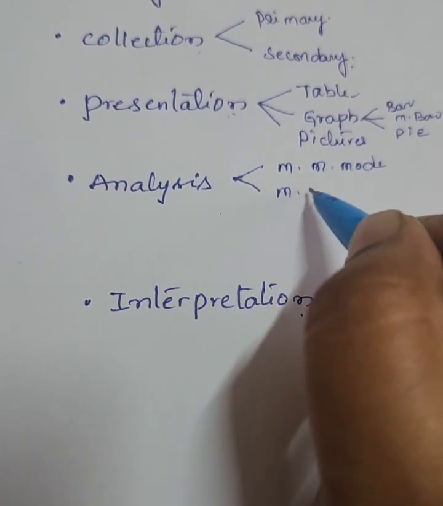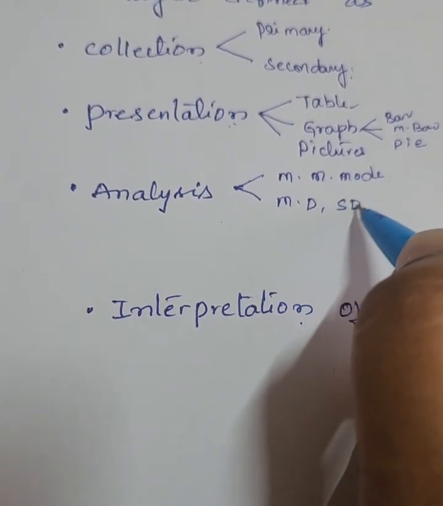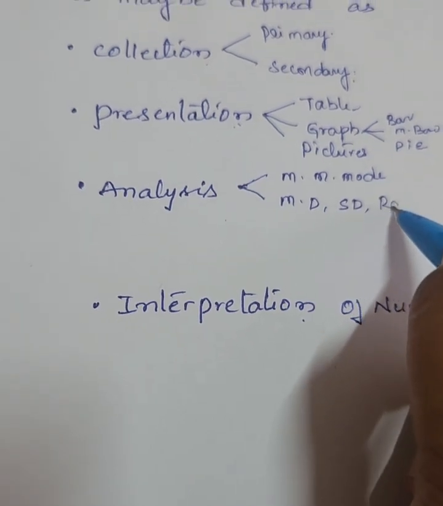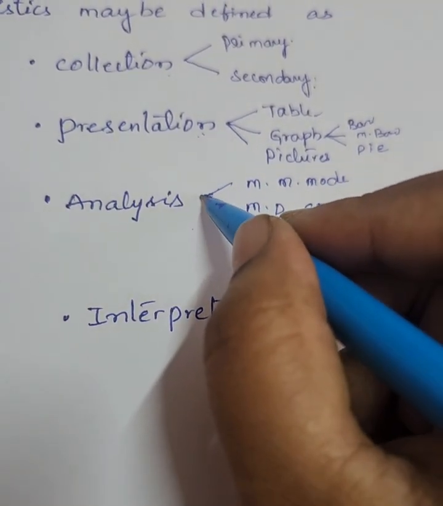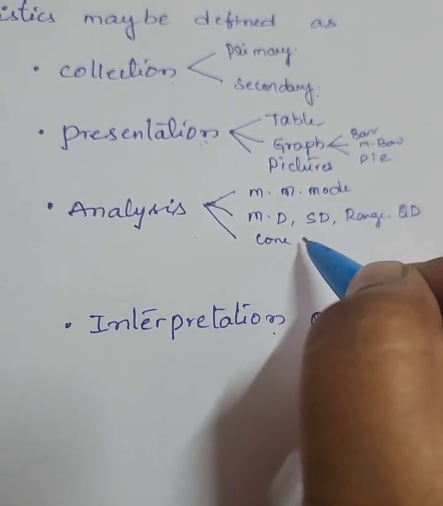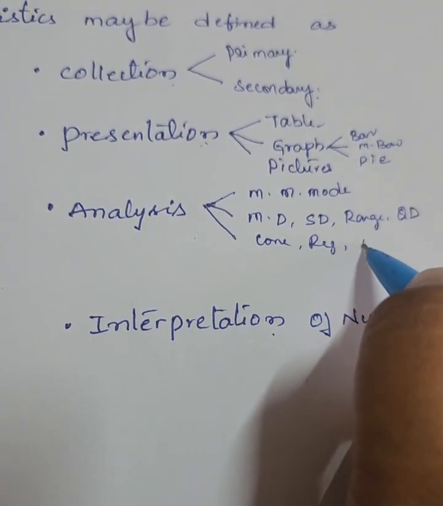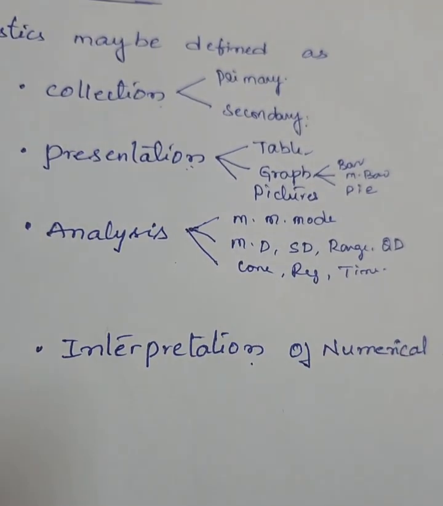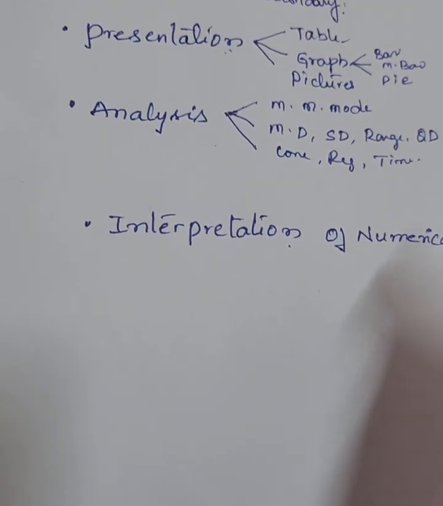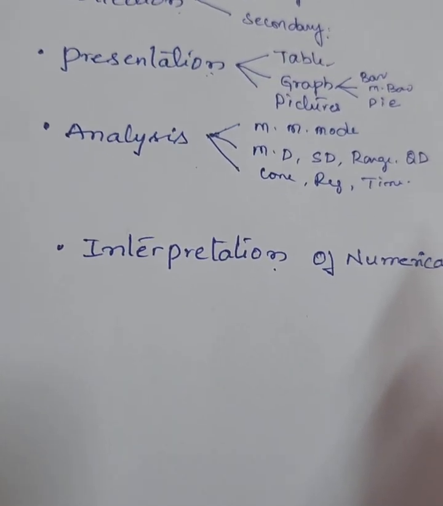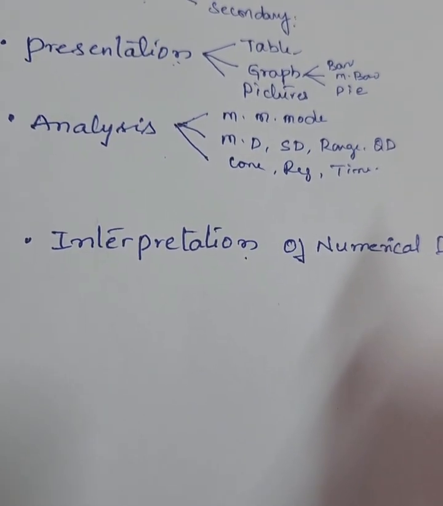And mean deviation, standard deviation, range, and quartile deviation, and correlation and regression, time series analysis, and so on. So there are many data analysis techniques or statistical tools to analyze the data.